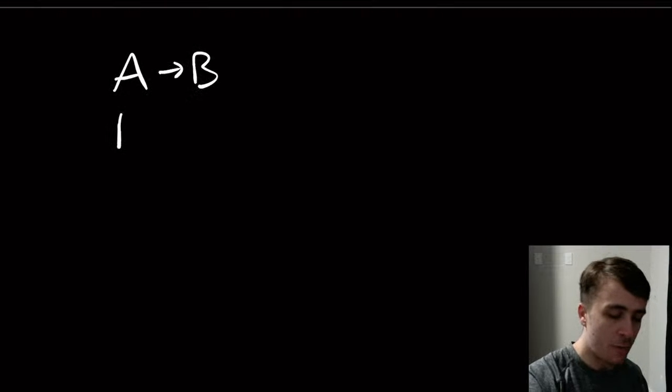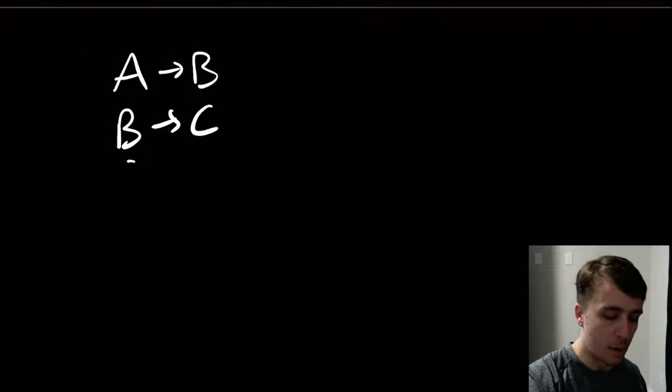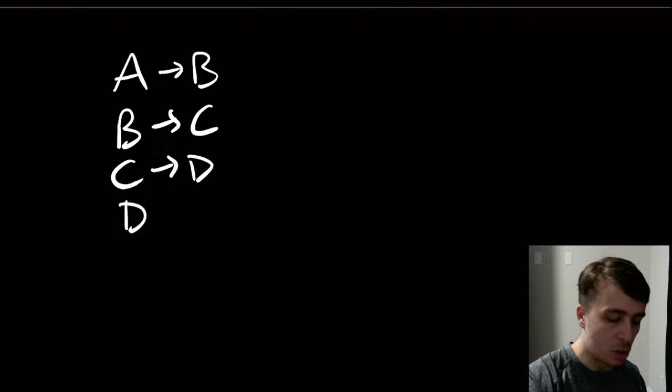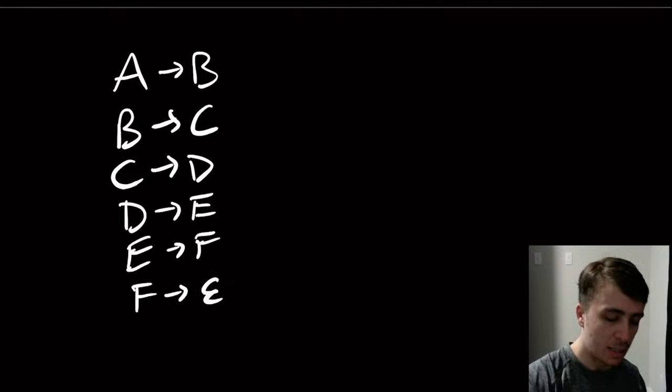So the annoying thing about context-free grammars is we can have something like this. If I have one variable, I can replace it with one variable and then just keep going in a chain like this, and then let's say finally make epsilon.